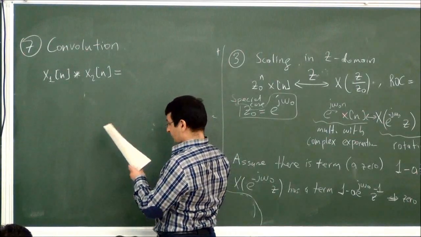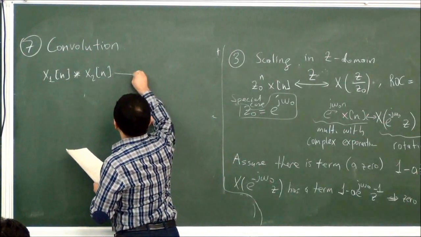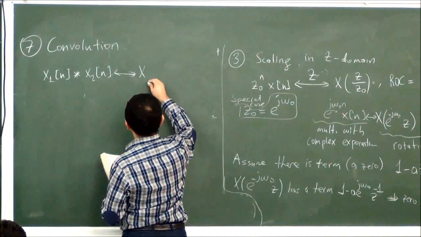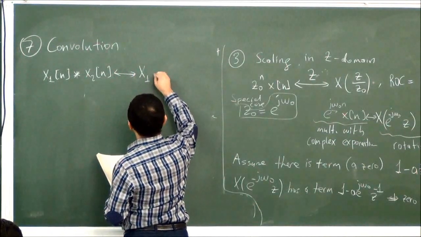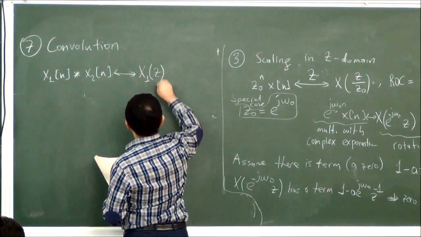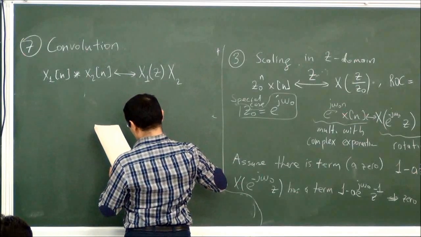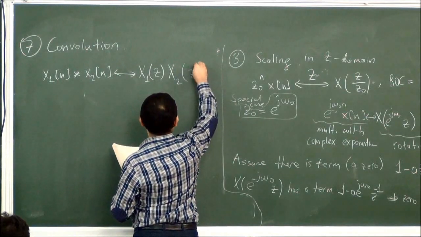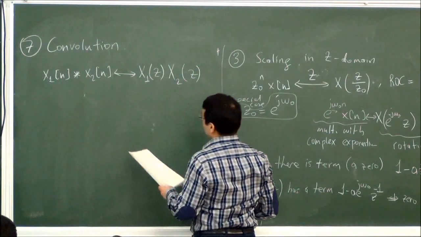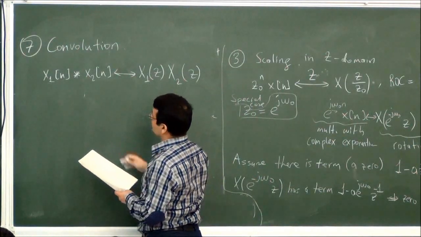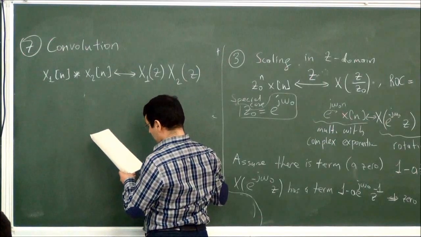For the Fourier transform, convolution in the time domain is multiplication in the frequency domain. In the Z domain, it is the same: it is the multiplication of the Z transforms of these two sequences.